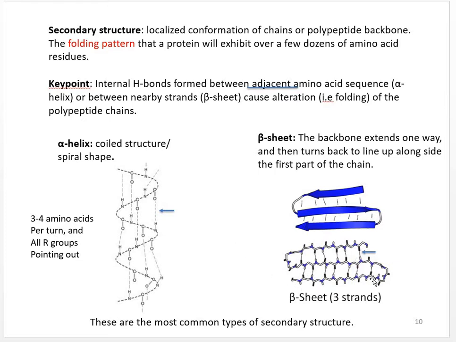Okay, so it looks complex, but we don't have to know the detail, because for our level we just need to know the existence of the secondary structure, and there are two types that are most common: alpha helix and beta sheet. As mentioned, initially there was just one polypeptide backbone. Suddenly adjacent amino acid here, and then another amino acid there, have decided to form a hydrogen bond, or internal hydrogen bond.